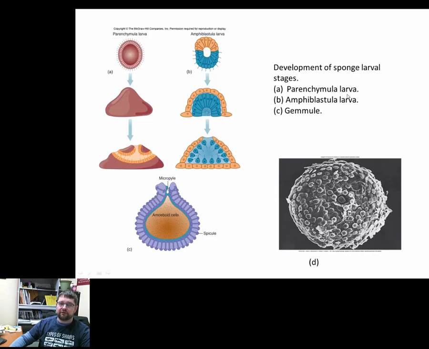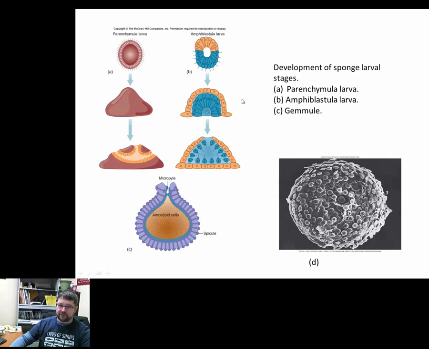The two kinds of planktonic larvae: one being the parenchymella larvae, which looks very similar to that colonial protista hypothesis, would then form a globular projection that would get established on some kind of substrate and then form the internal pores from the original colony of cells.